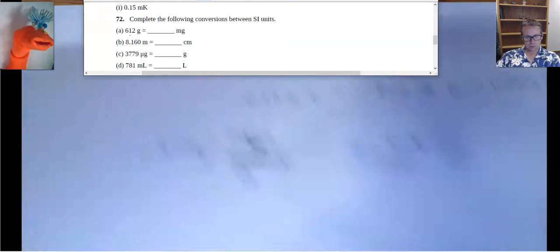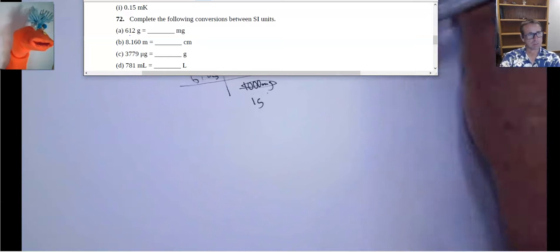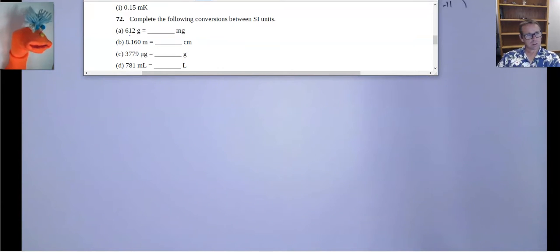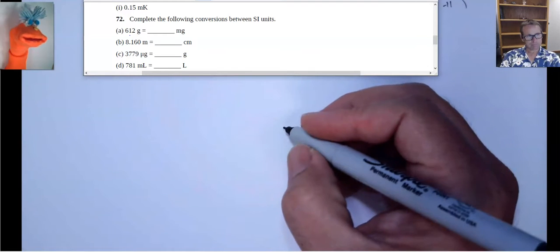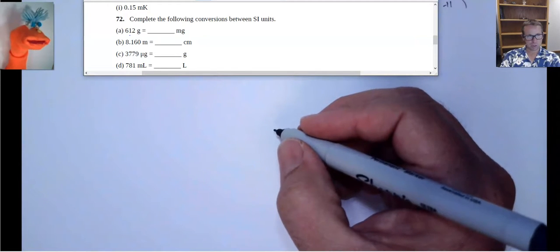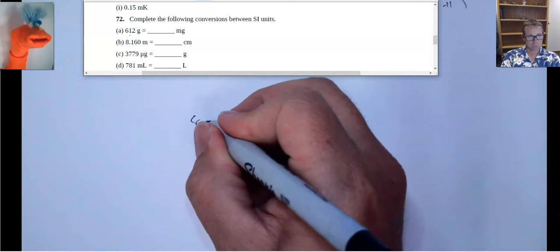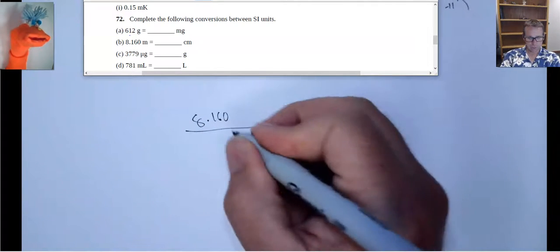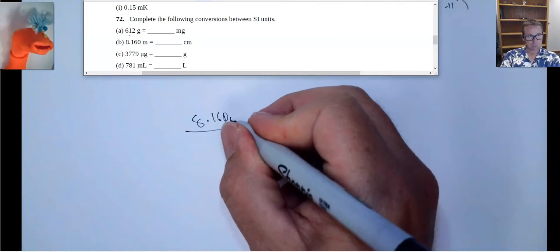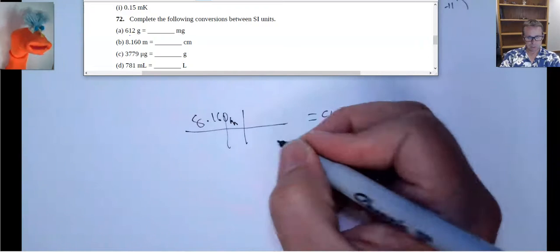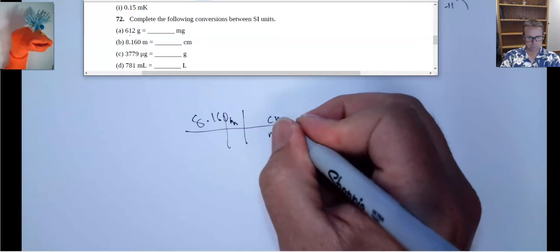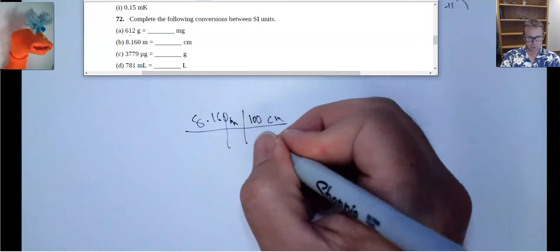All right. The second one there, 8.160 meters to centimeters. I can do this one. 8.160 meters, and I want centimeters. Meters on the bottom, centimeters on top. 100 centimeters for every meter.